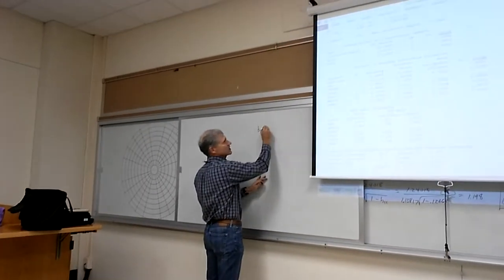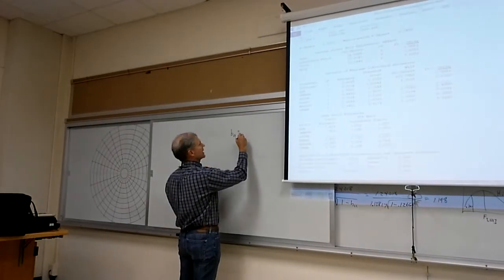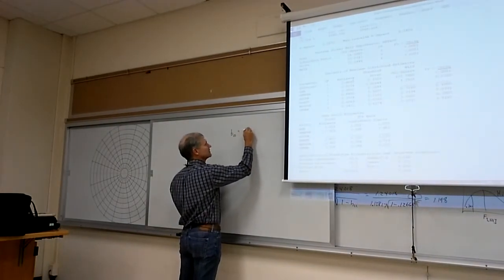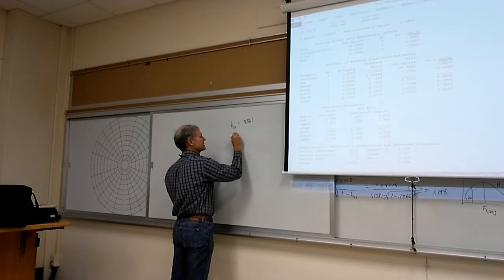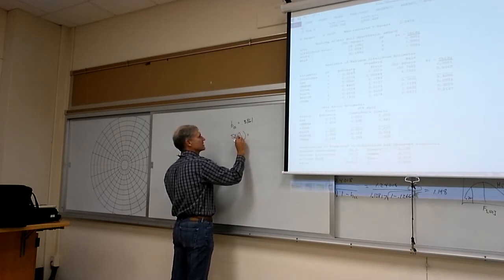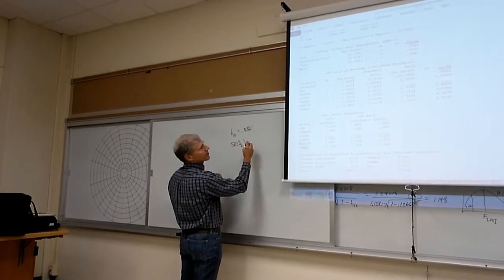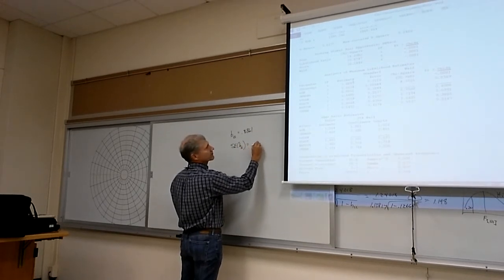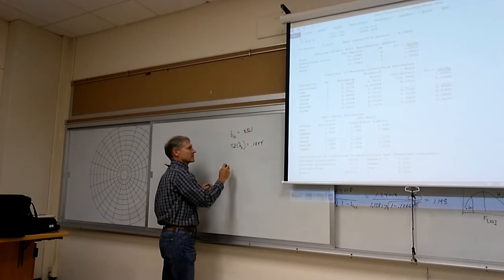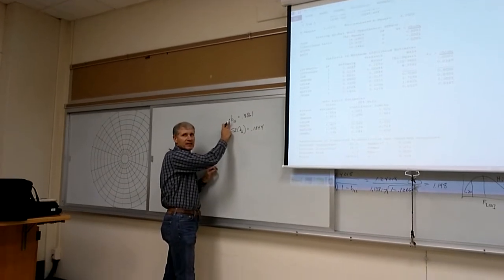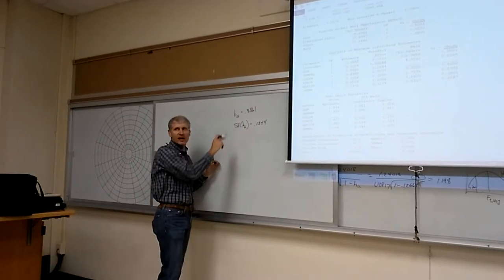So B sub G is 0.8861 and the standard error of B sub G is 0.1844. So the test statistic is always computed how?